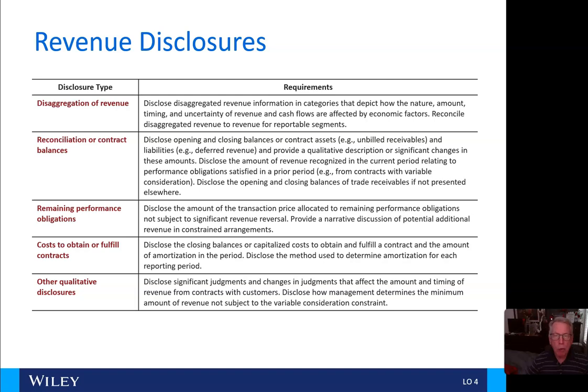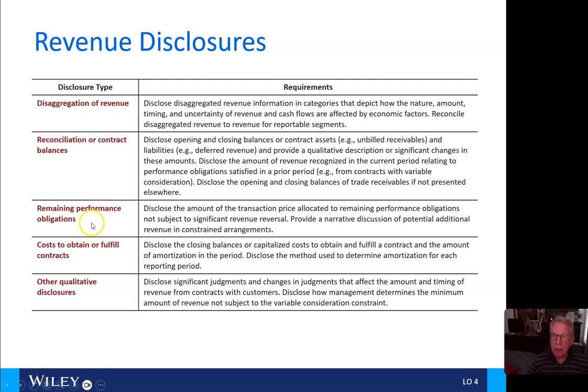We'll disclose the amount of revenue recognized in the current period related to performance obligations satisfied in a prior period, for example, from contracts with variable consideration, and disclose the opening and closing balances of trade receivables if not presented elsewhere.